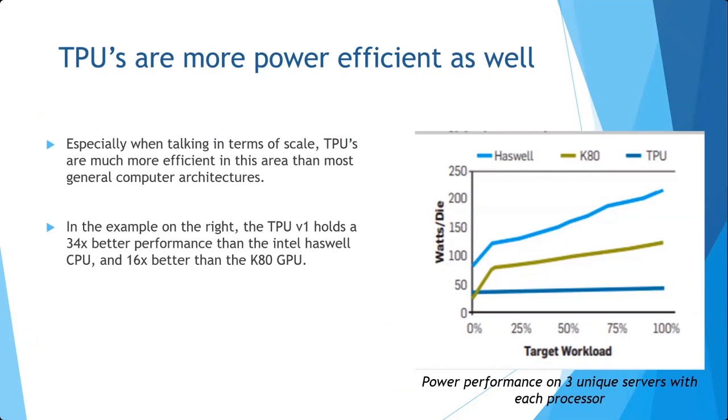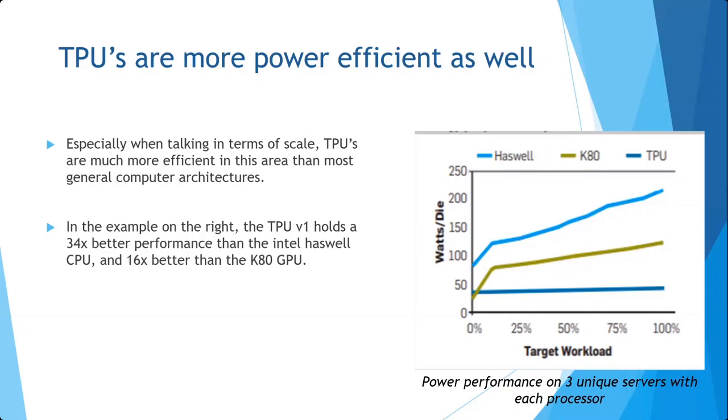TPUs are also more power efficient, and especially when talking in terms of scale, TPUs are much more efficient in this area than most general computer architectures. If you look on the right-hand side, you can see 3 different servers running 3 different classes of processors: a Haswell Intel server, a K80 GPU server, and a TPU server.